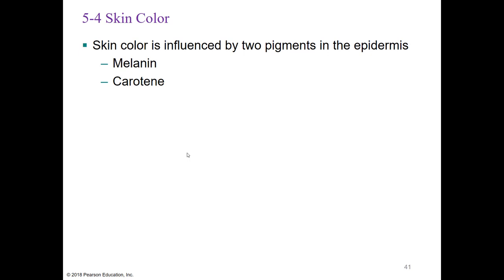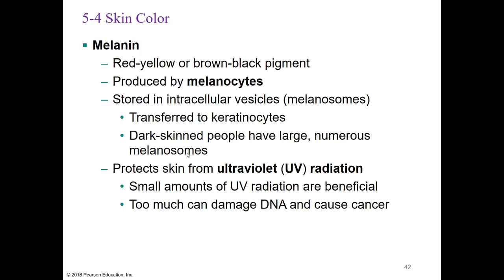So skin color can be influenced by two main pigments in the epidermis. We have melanin and keratin. So let's start with melanin. Melanin can be a red-yellow or brown-black pigment. It's produced by melanocytes, which are in the stratum basale.